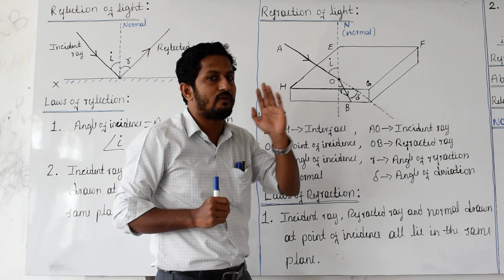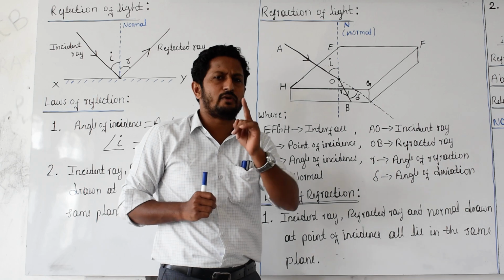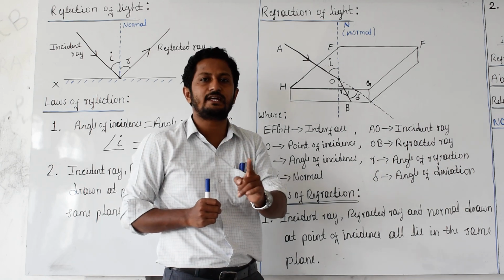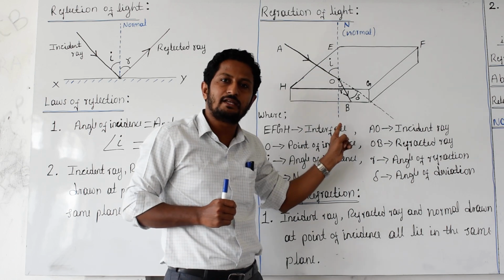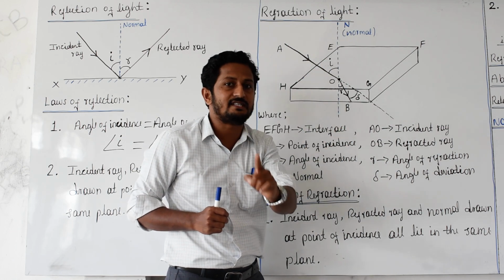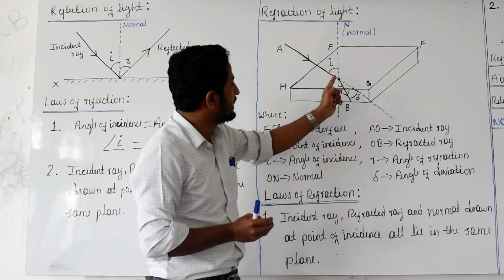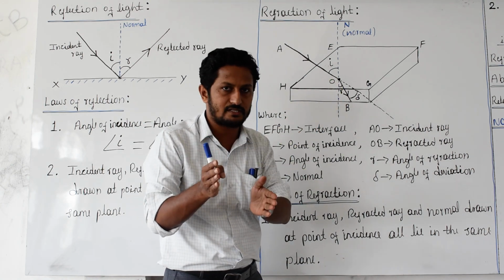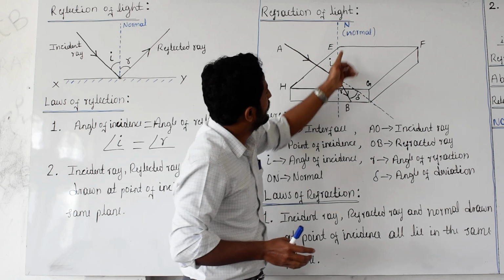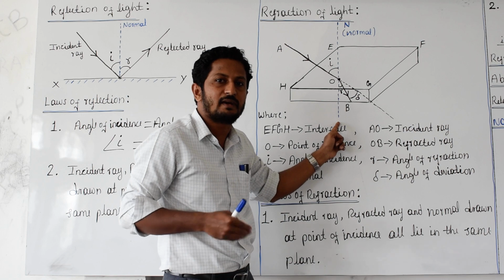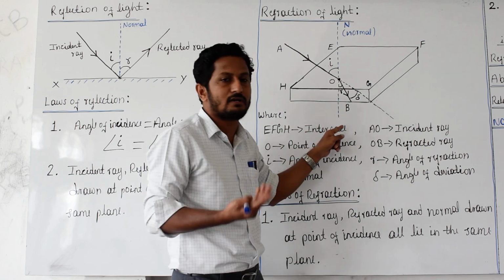What I said while drawing diagrams: we must firstly draw the perpendicular line to the point of incidence, which we call the normal. Here O is the point of incidence. To that O, we have to draw one perpendicular line. Imagine it inside the slab also.